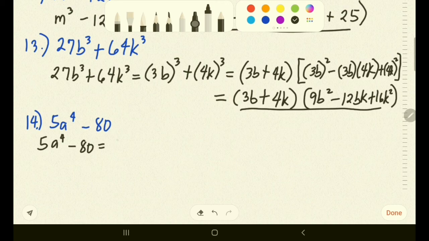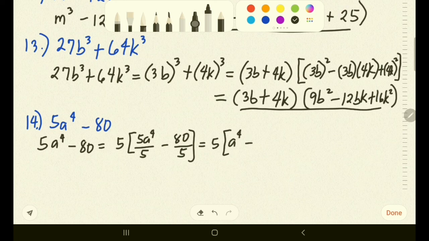So factor first the GCMF, which is 5. So that becomes 5a to the power of 4 divided by 5 minus 80 divided by 5. So you have 5, then 5a to the power of 4 divided by 5, that would be a to the power of 4 minus 80 divided by 5, that would be 16.